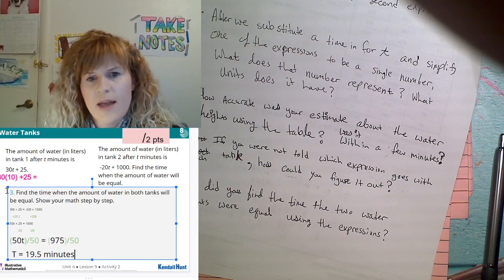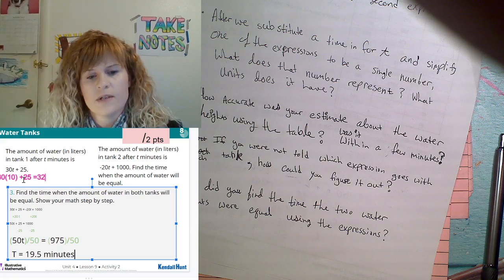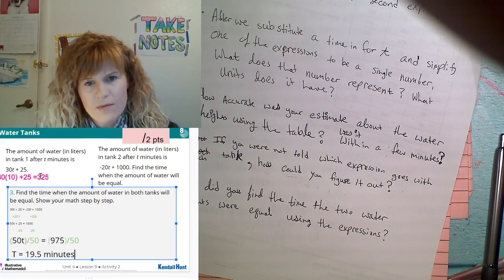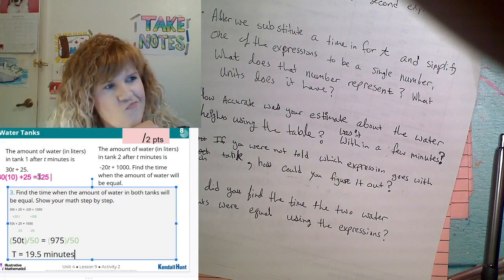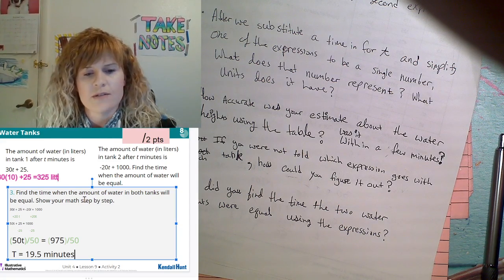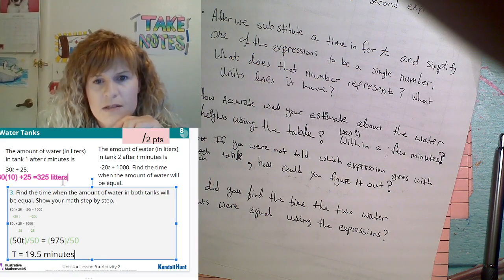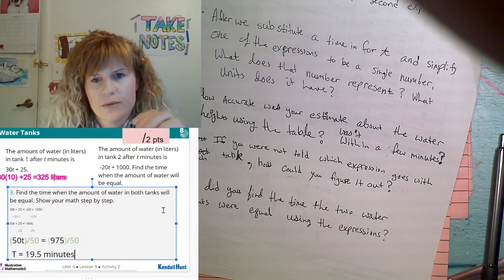When you simplify that, you get 300 plus 25, 325. What does 325 mean? Remember, that's the volume of water, so that's in liters. The units of that answer is liters. Maybe I'm not very good at spelling that, though.